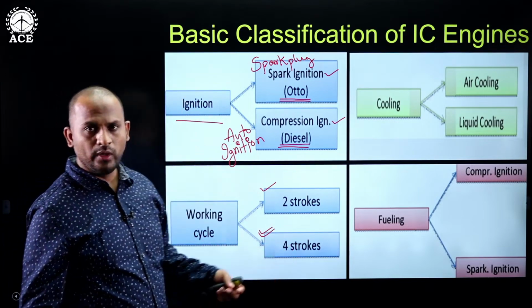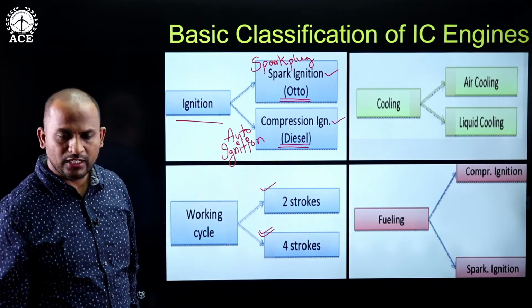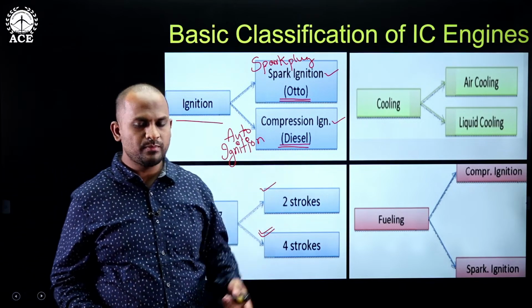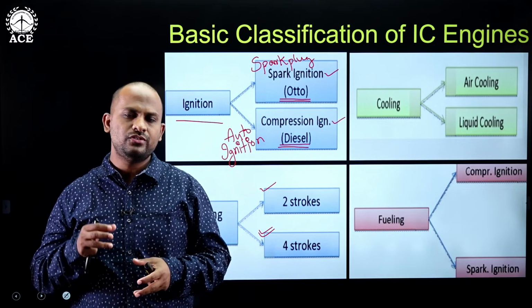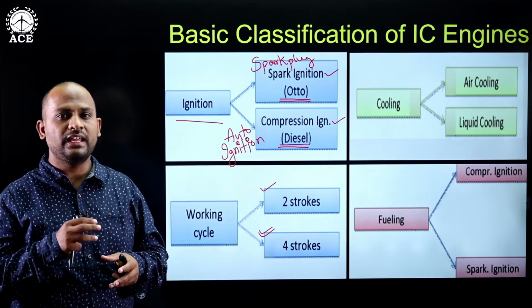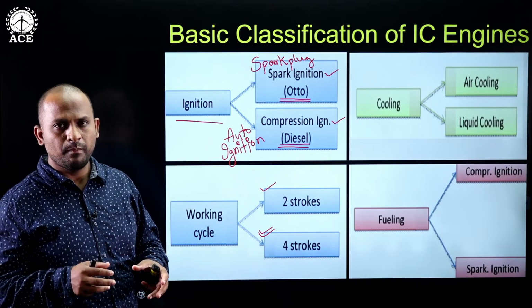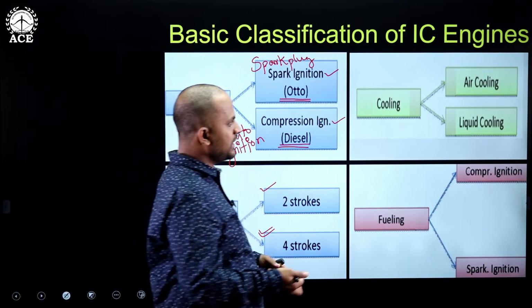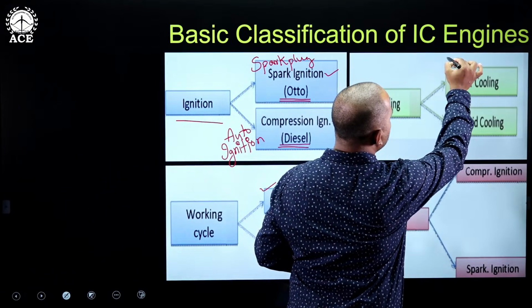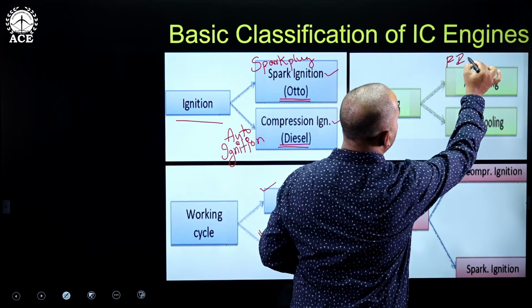Now according to the cooling, we have air cooling and also liquid cooling. Air cooling is used if the engine capacity is less, that is, if the engine develops less heat energy, as small engines do. How is this air cooling employed? By placing fins.